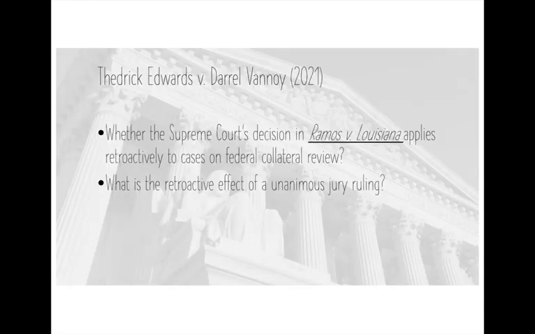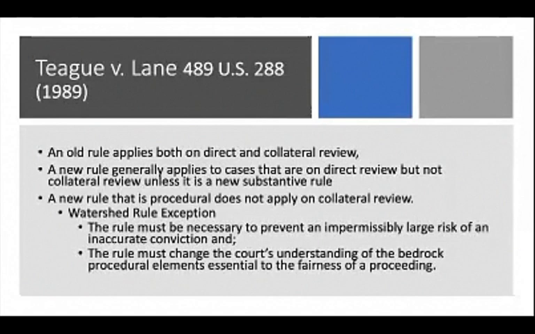So as I told you at the time, only Oregon and Louisiana allowed convictions based on a 10-2 or 11-1 verdict. So in order to figure out whether this case could apply retroactively, the court had to look at the case called Teague versus Lane.